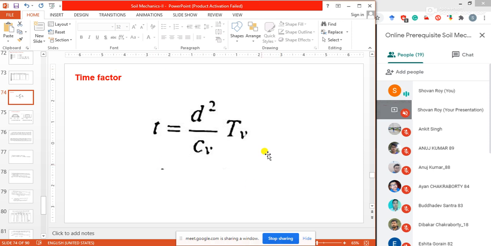So this is the actual formula of time factor, which was already discussed in previous classes.